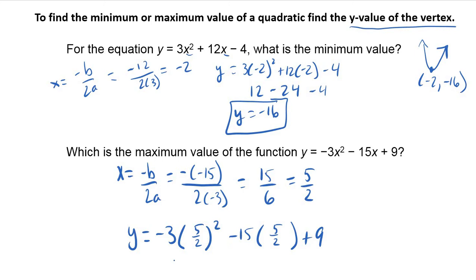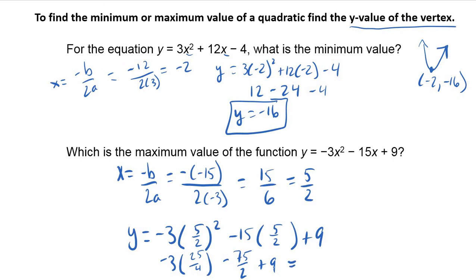But let's run it through. Let's see what we get. I'm going to run out of room here. Negative 3 times 25 fourths minus 15 times 5, what's that, 75? So 75 halves plus 9.